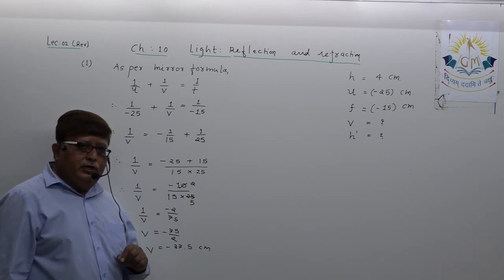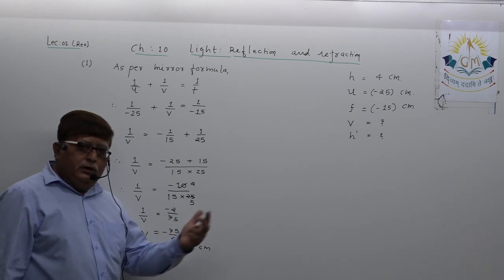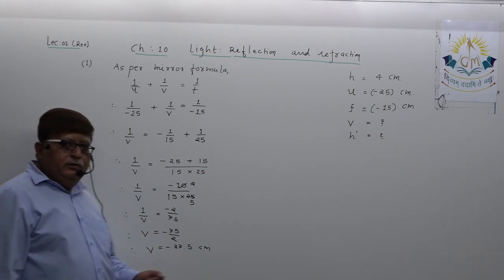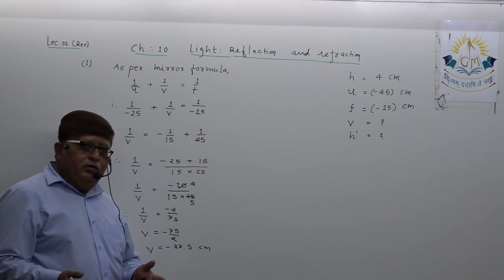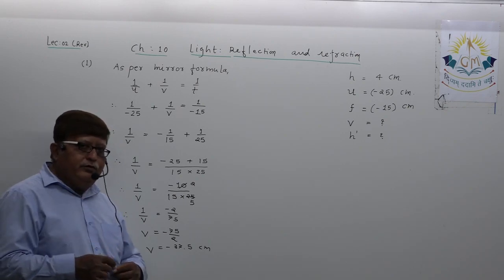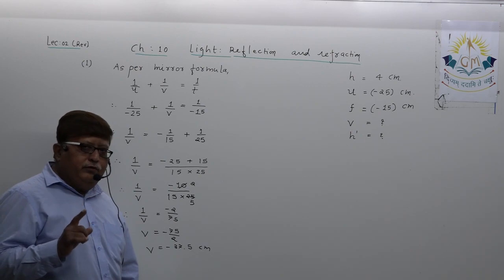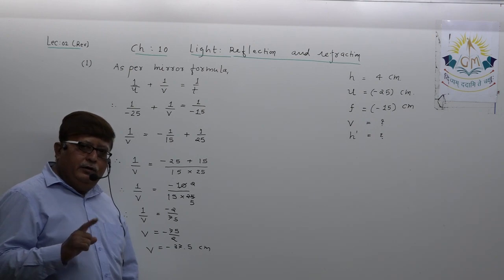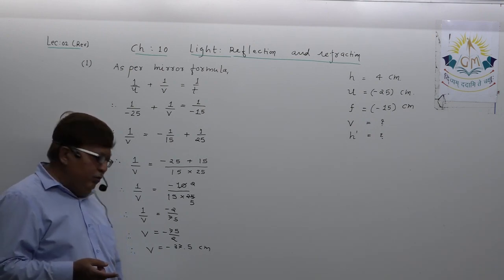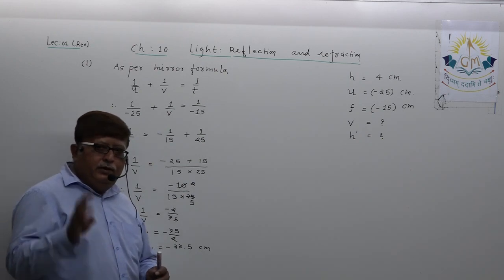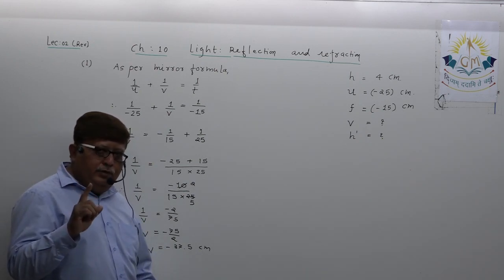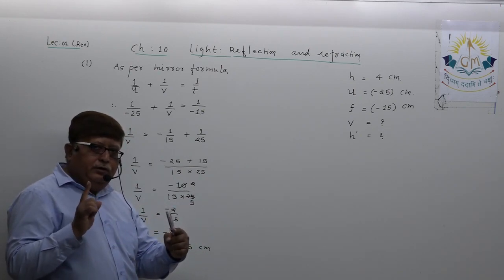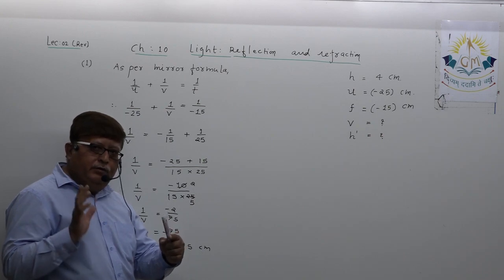The value of v is negative, that means the image is in front of the mirror at a distance of how much? 37.5. And obviously, dear student, I told you yesterday, v negative suggests that the image is real and inverted. v negative conveys three data: the image is in front of the mirror, and it is real and inverted.